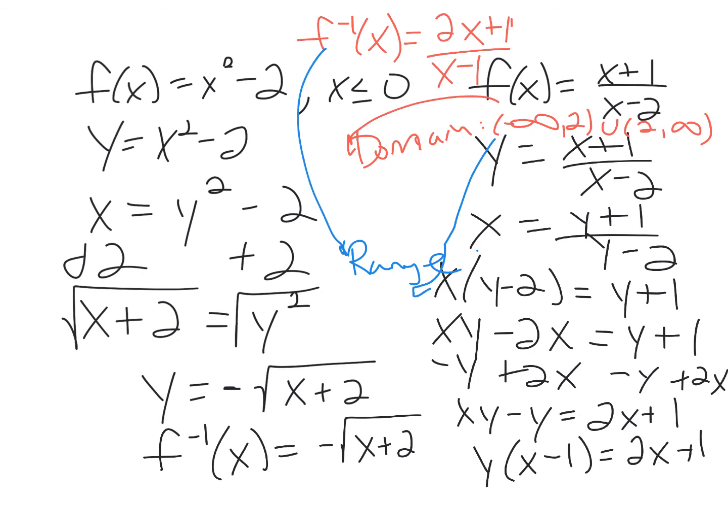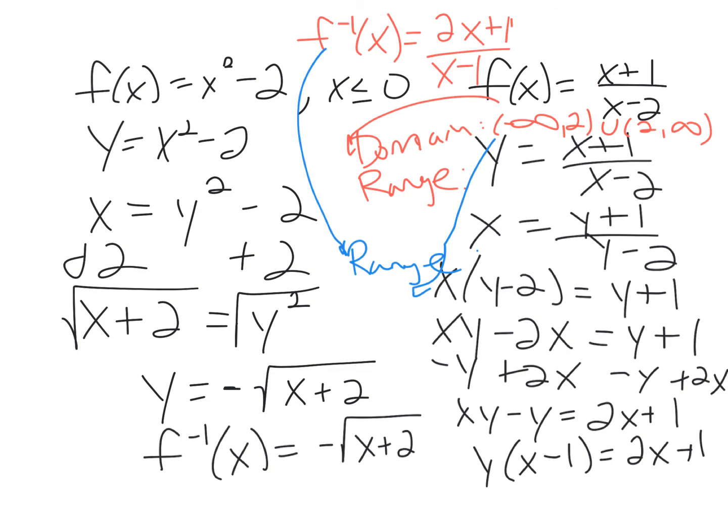The range, if you were to graph this, you'd see that it would never touch y equal to 1. Okay, how do you know that? Well, we'll talk more about this a little later, but anytime we have the same highest power, look at the coefficients, 1 divided by 1, it's never touching 1.